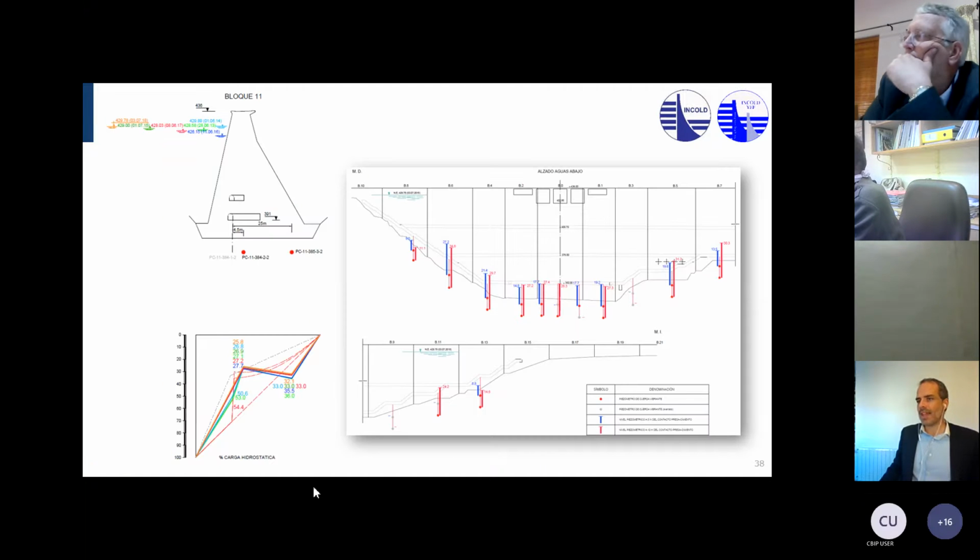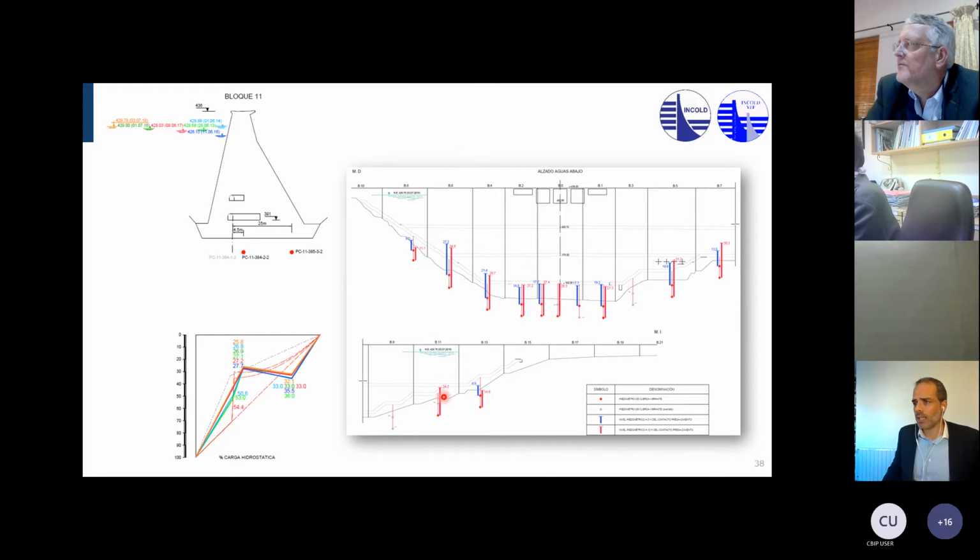So if we represent that also in the cross section, you can see that this block 11 is right here. So it's towards the left abutment. This is the left abutment. This is the right abutment. The dam is very long. So this is really this part. You can see that this would continue here. This block 11 is this one.